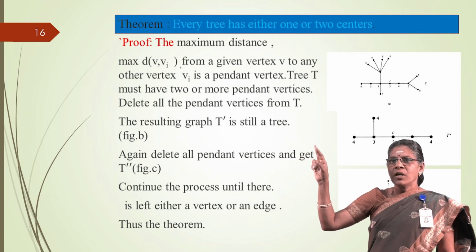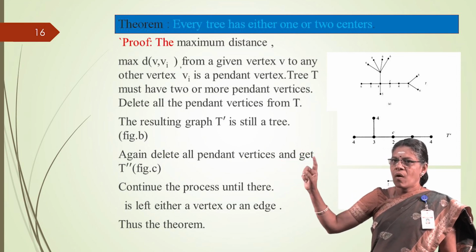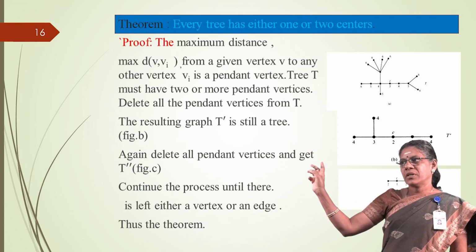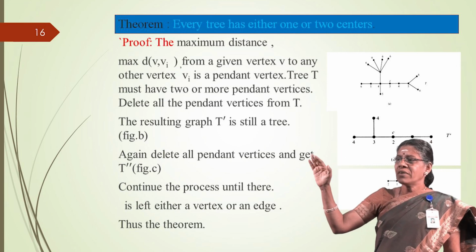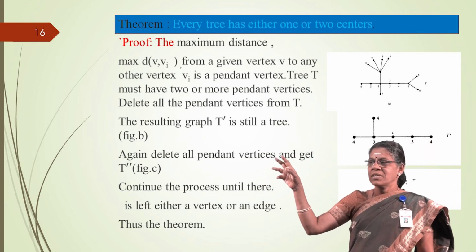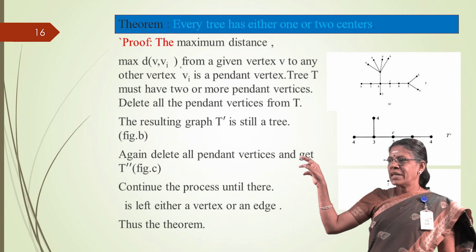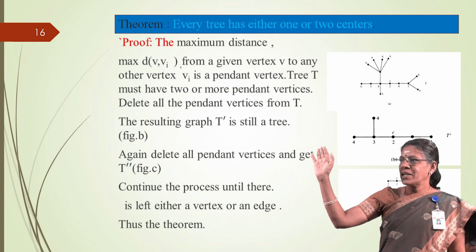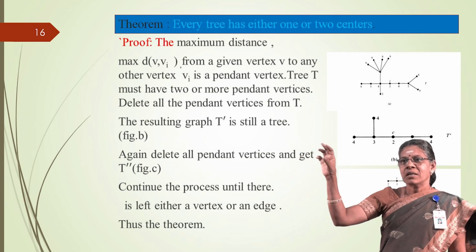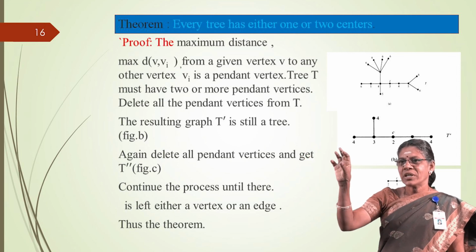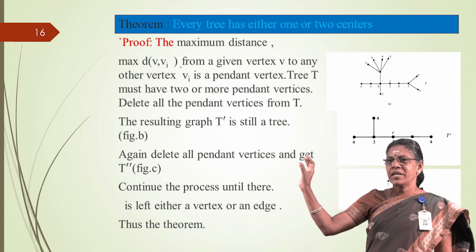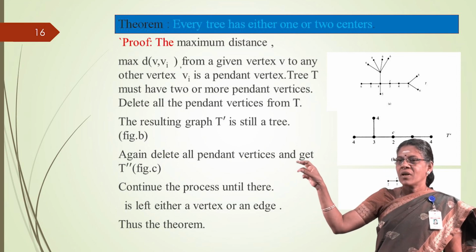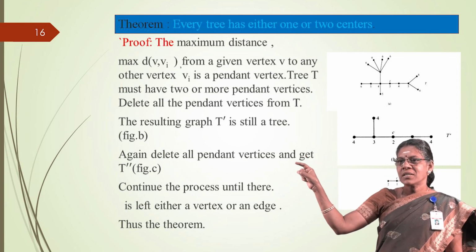Now, if you delete all the pendant vertices from T, that will give T dash. In T dash, we have deleted all the pendant vertices. Can you understand? In T dash, what is the center? See that the center's distance is only 2.